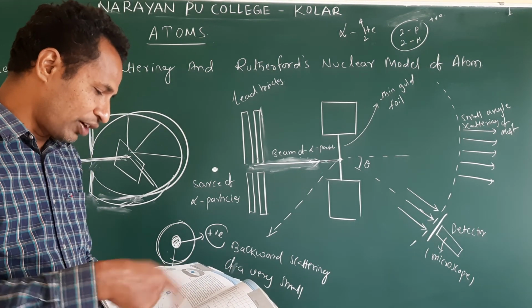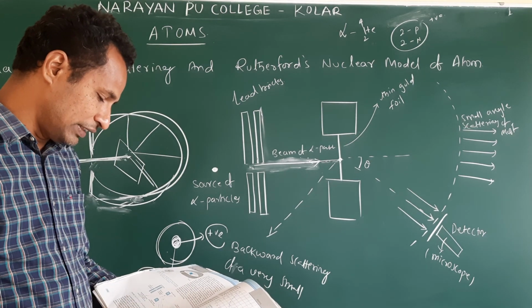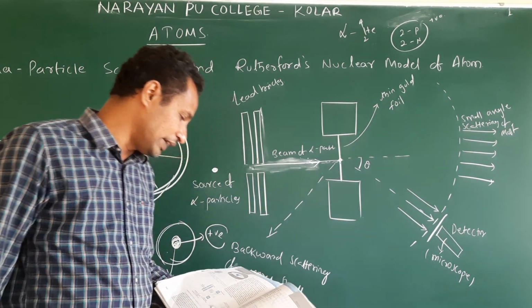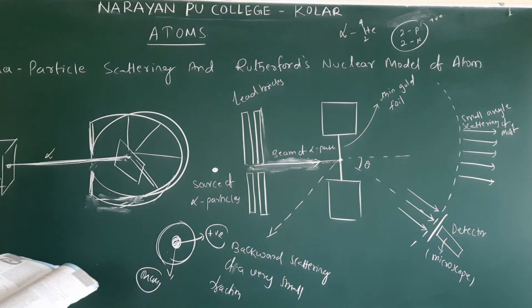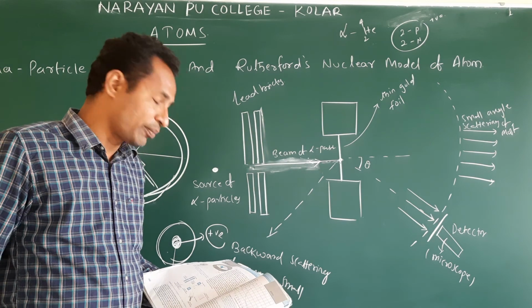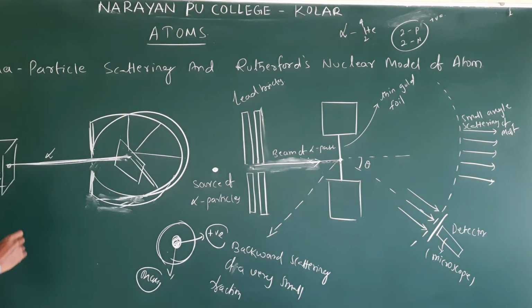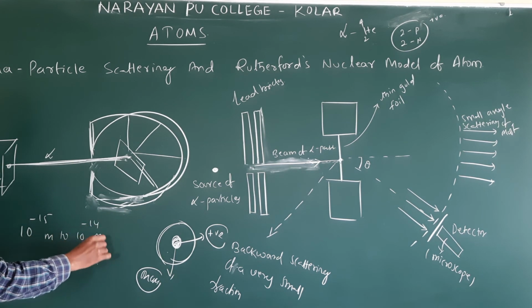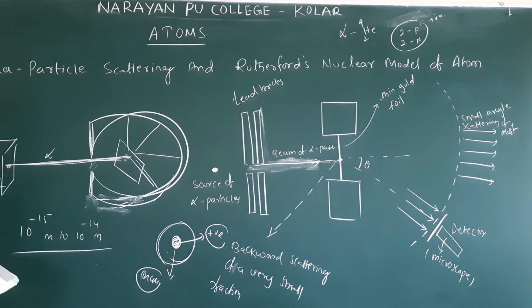Based on the number of scattered rays, they concluded this, and they mentioned one more important point: the size of the nucleus. They mentioned it as 10 power minus 15 meter to 10 power minus 14 meter. This is the size of the nucleus.